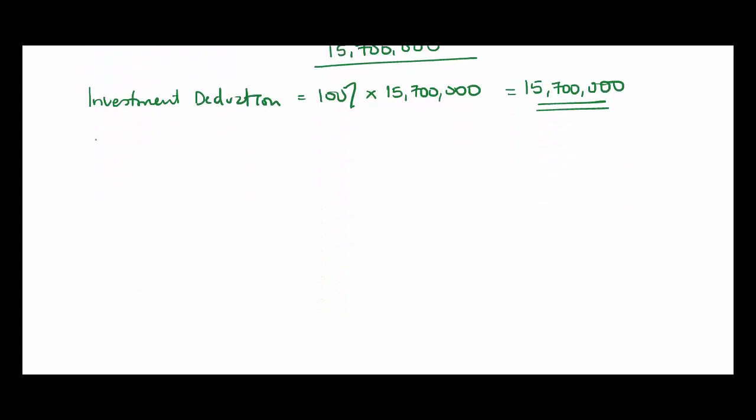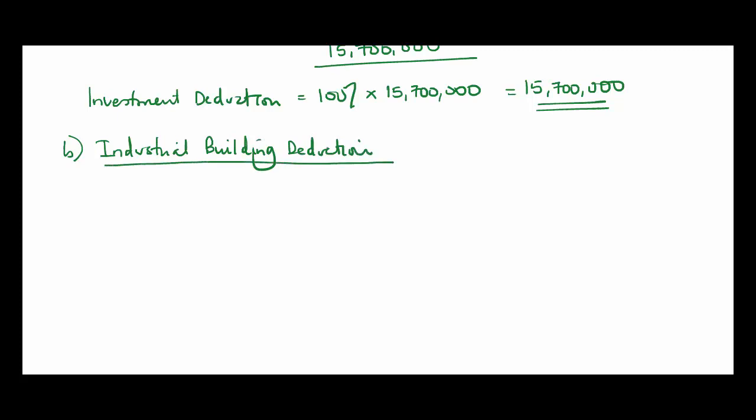Let's now move to the second one, which is the industrial building deduction. Remember that with regards to the industrial building deduction, the default rate is 10%.